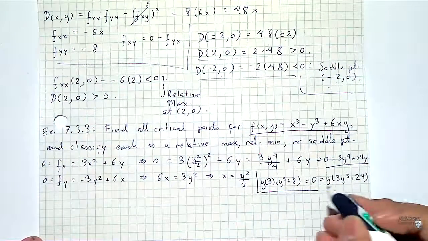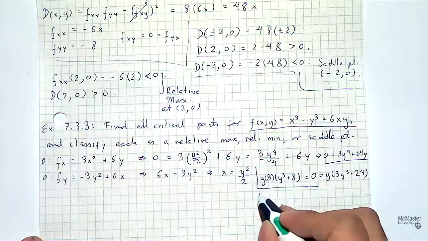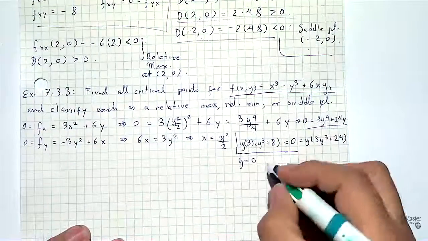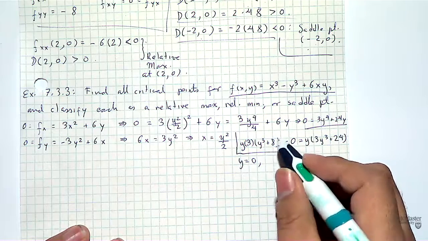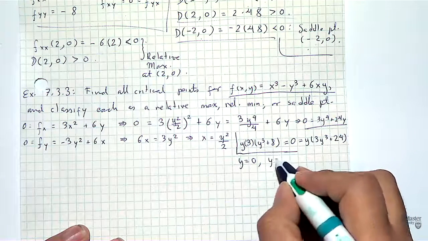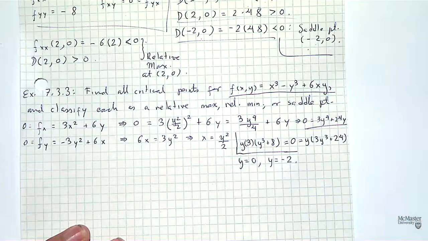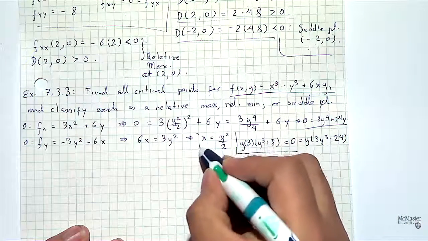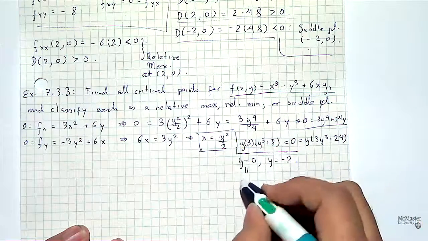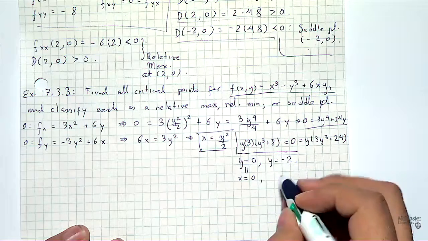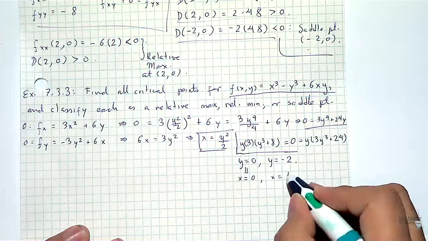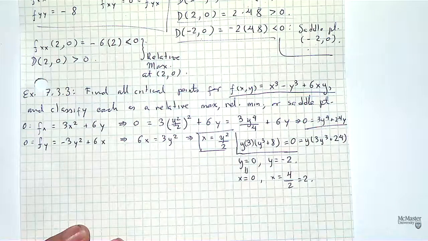So that is actually further clarification, because one possibility, of course, is that y is equal to 0. The other possibility is that y is equal to minus 2, because minus 2 cubed is minus 8, and this vanishes. Right? For each case, knowing that x is equal to y squared over 2, you have the solution. So x would be equal to 0 in this case, and then x in this case would be 4 divided by 2, which is 2.